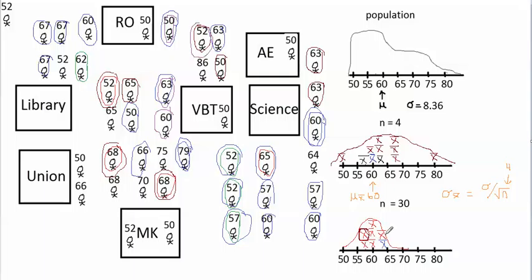Or if I get this group of 30 people, my sample mean is about 63. But when I take a sample of 30, you can see that I'm likely to get a more accurate sample mean than I would have with a sample of 4. Because when I take a sample of 30, overall, the possible samples have sample means closer to the population mean of 60.